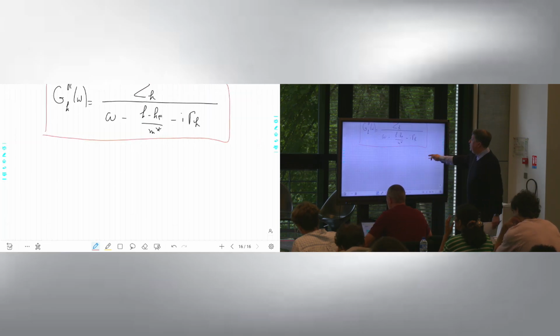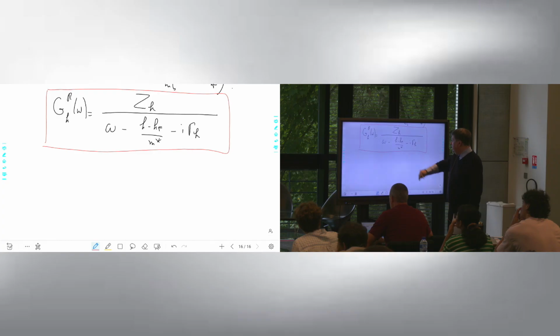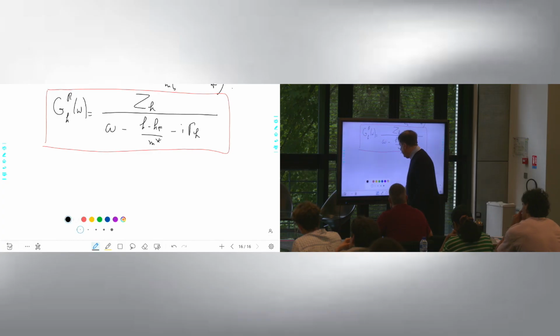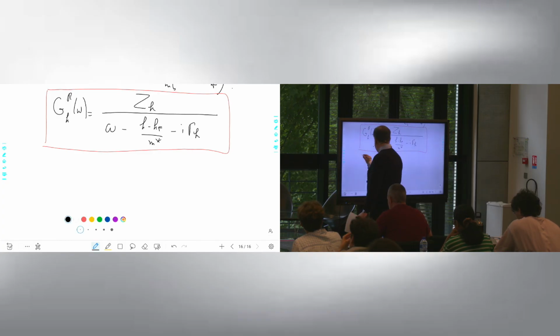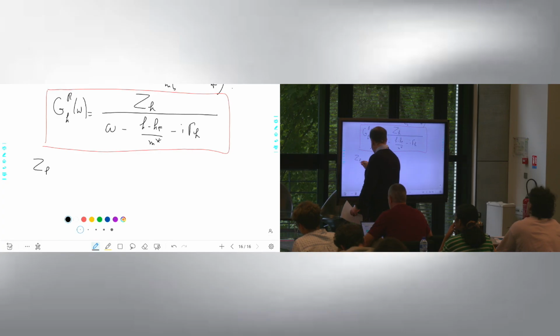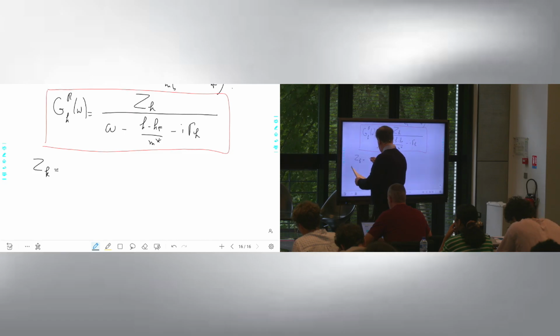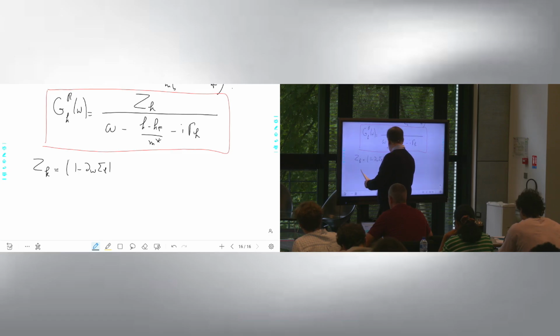And I'm going to give you the expression of Zk. So Zk is 1 minus d omega sigma k at omega equals 0, to the power minus 1.